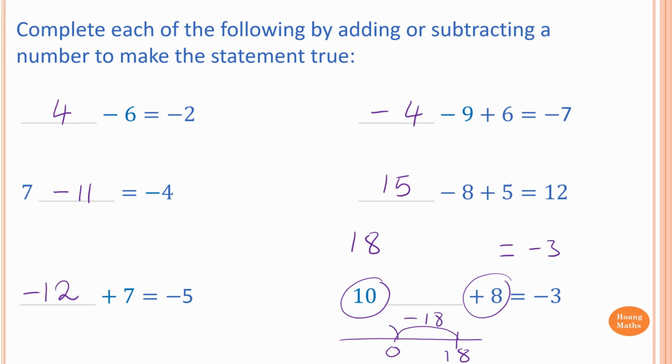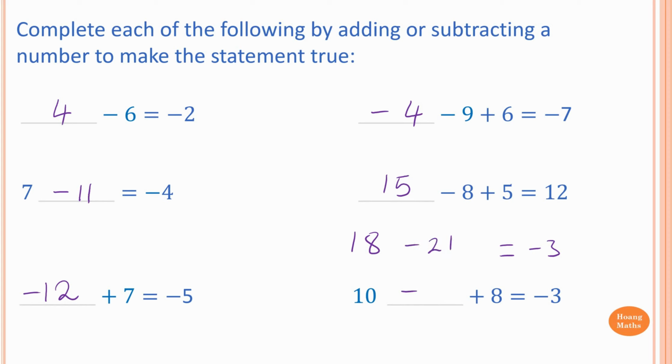And to get to negative 3, you minus another 3 units. So minus 3 here. So 3 plus 18 is 21. Correct? And then instead of 21, the answer is negative 21. So minus 21. So the answer is here. So 10 minus 21 plus 8 is negative 3.